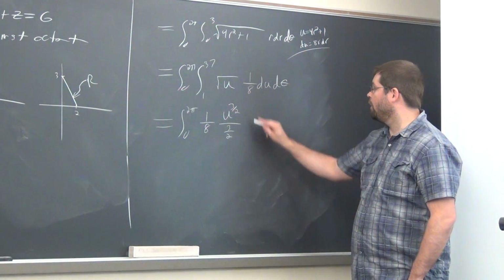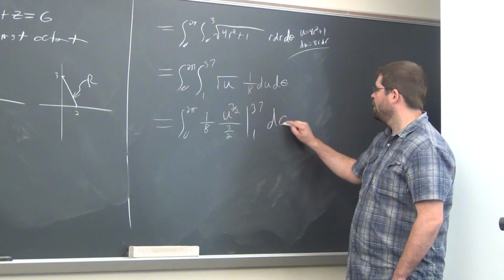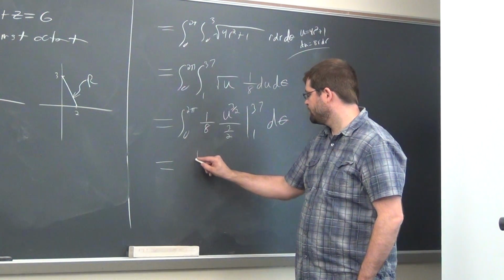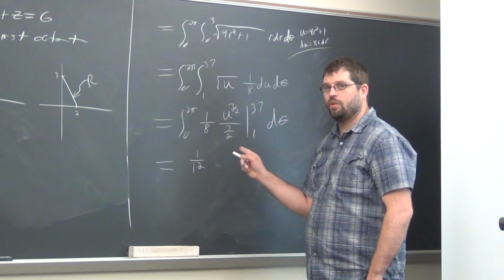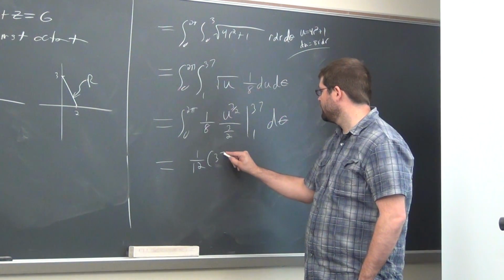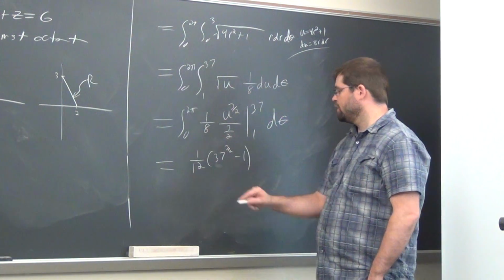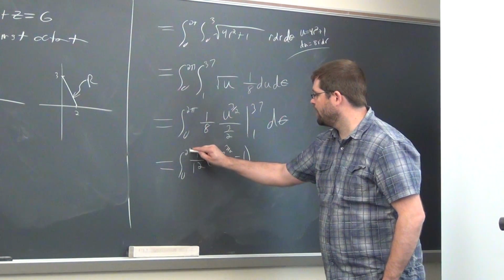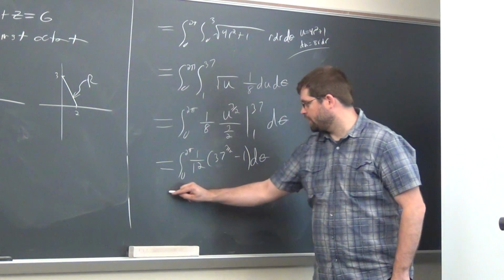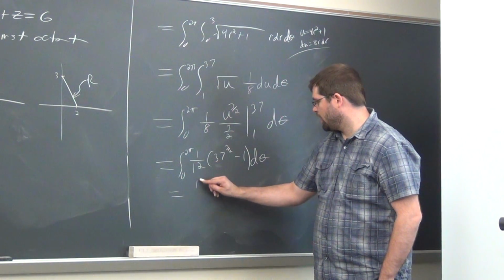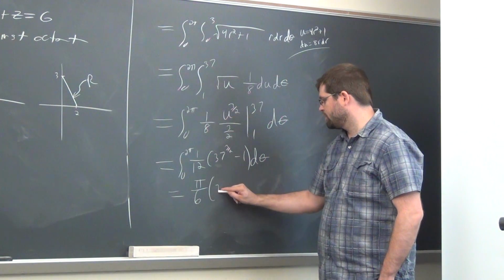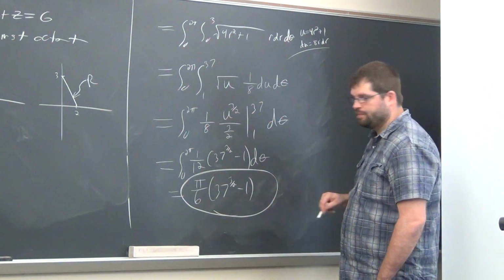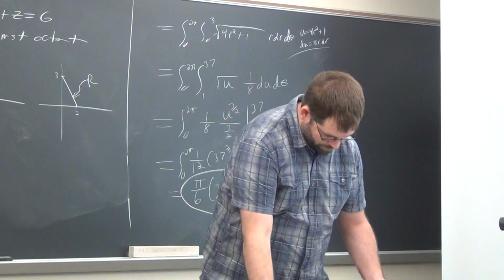And then 1 to 37 will get plugged in, and so that's going to give you 1/12. And then you plug in your bounds, it'll give you 37 to the 3/2 minus 1. Is that okay? I'll just write it down. Still 0 to 2 pi d theta, and then when you integrate that, you just multiply by 2 pi. So it ends up being pi over 6 times 37 to the 3/2 minus 1.